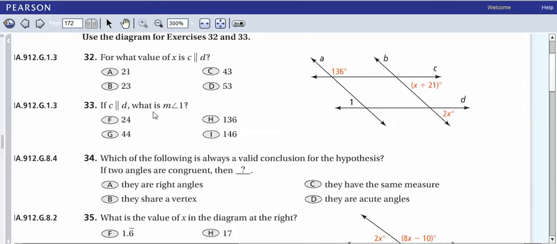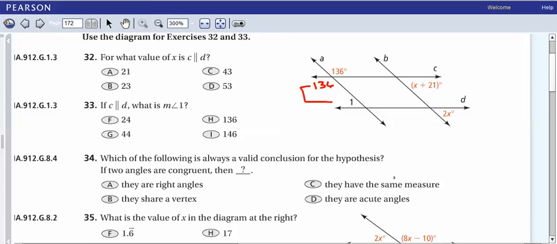If C is parallel to D, what is angle 1? If this is 136, what's this? 136. So what do these two have to add up to? 180 to make C parallel to D. Okay?